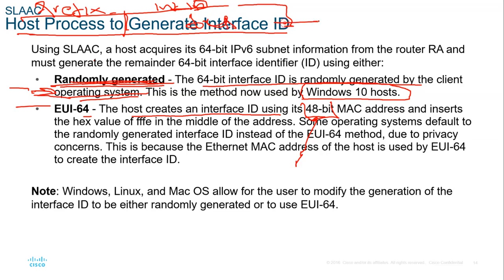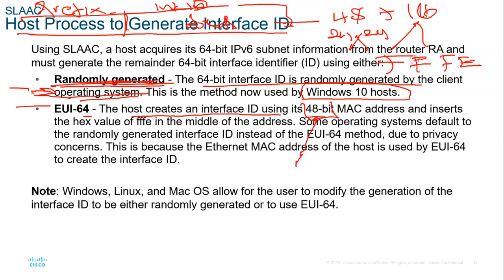Now the MAC address is 48 bits, meaning that you are left with 16 bits. Those 16 bits are a standard. We have 24 bits here and 24 bits here, and in between we have to add FFFE. But don't forget that the 7th bit has to be flipped.